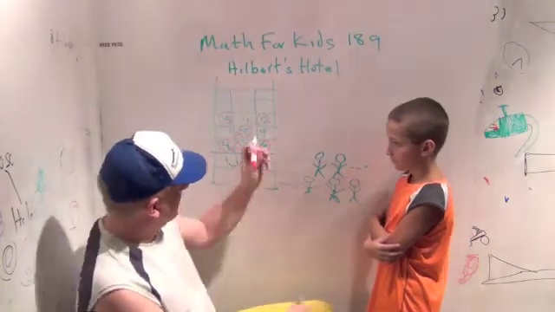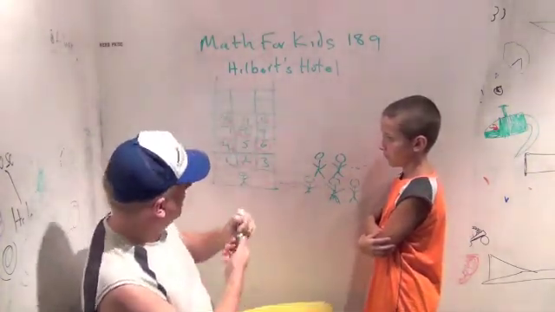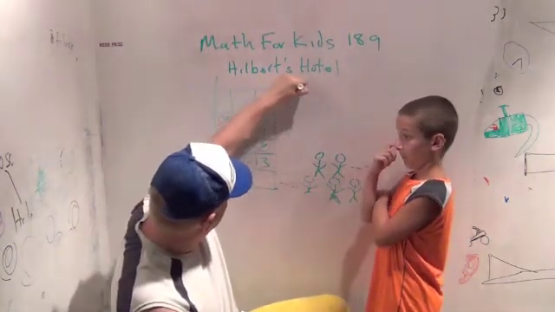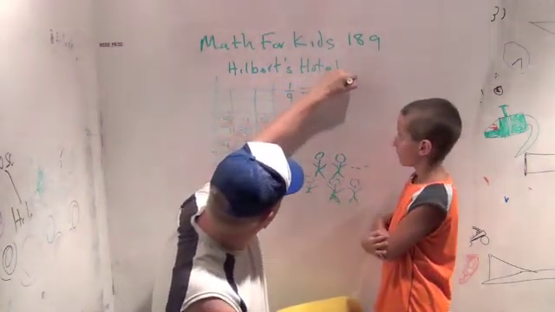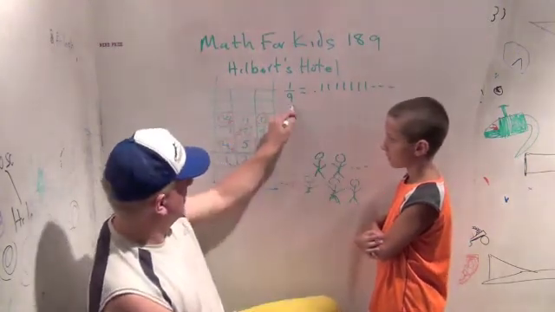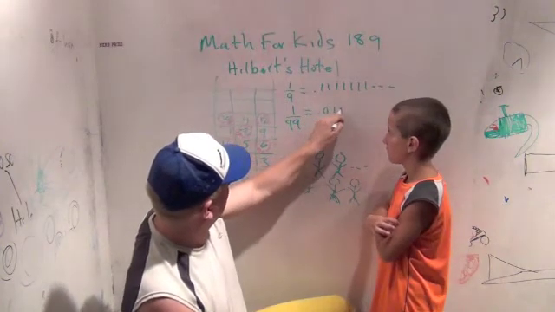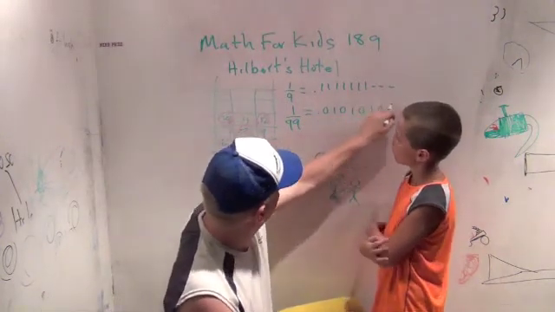But this is like the difference between our numbers. Remember 1/9 was 0.111111, etc. All the digits were there. And remember 1/99 was 0.01010101.